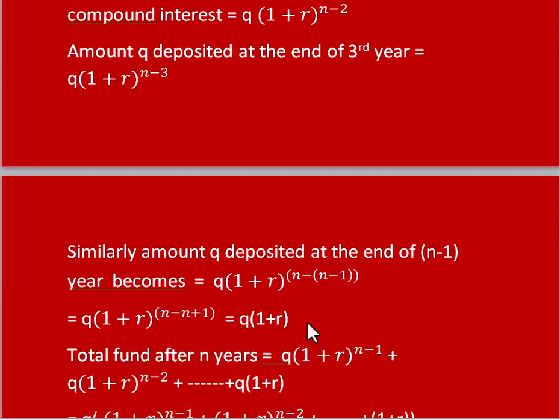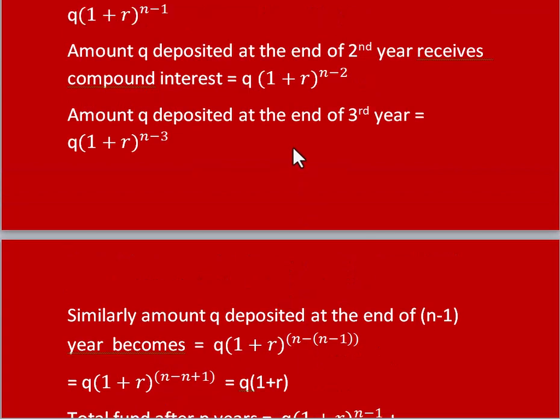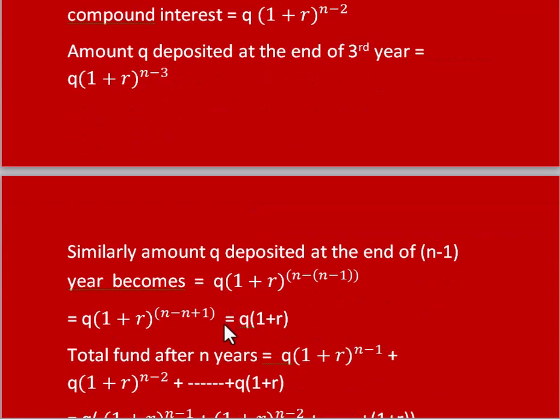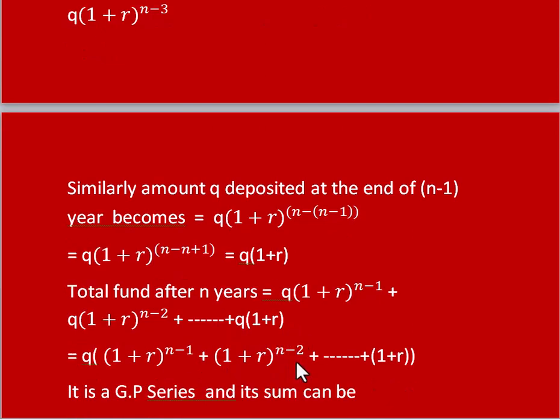So adding all these accumulated amounts, we get Q into 1 plus R whole power n minus 1 plus Q into 1 plus R whole power n minus 2 plus and so on, plus Q into 1 plus R. That is for the whole lifespan.